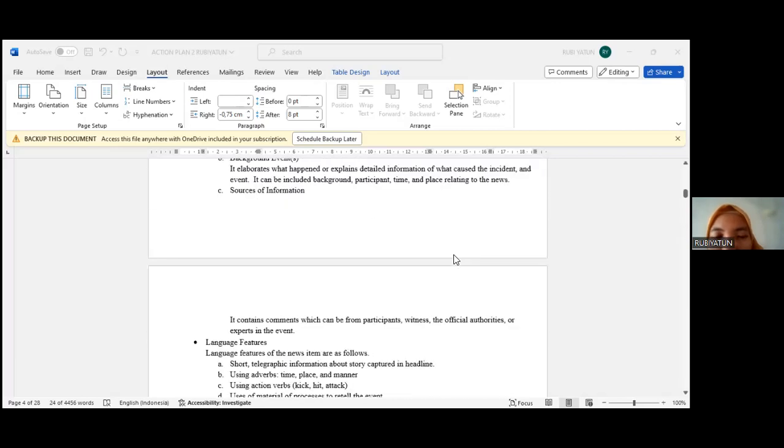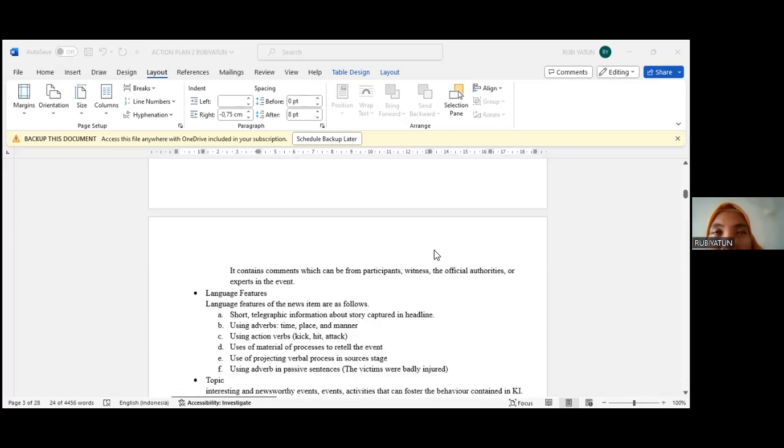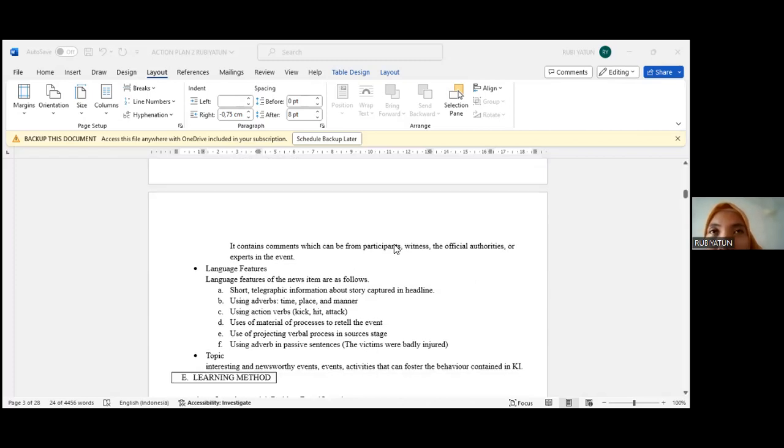And then the teacher displays or plays videos about one or some interesting news, and then by using the scanning SQ method, the teacher gives students an easy alternative to answer which one is the subheading, which one is the background, and to differentiate the generic structure.